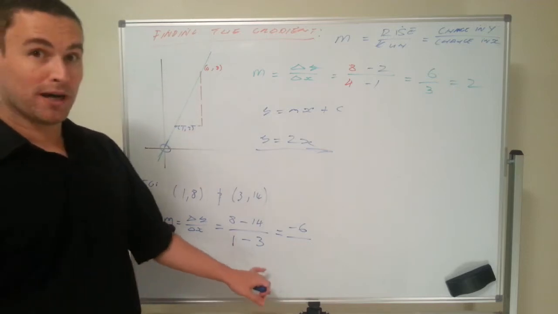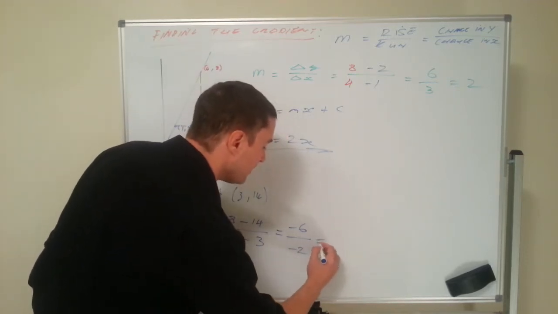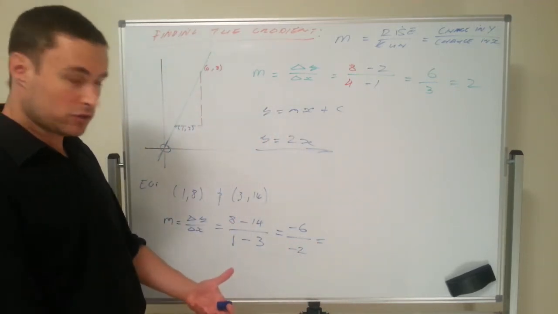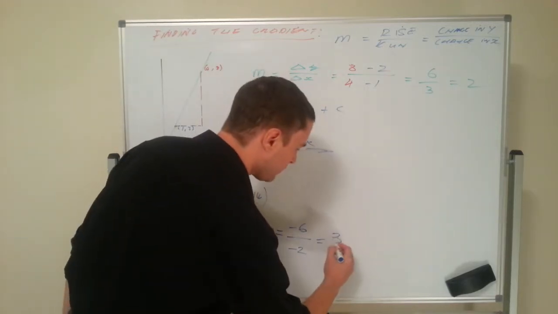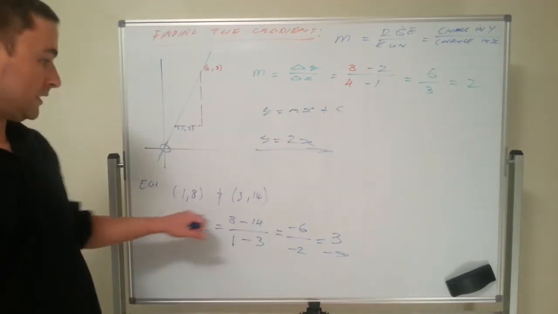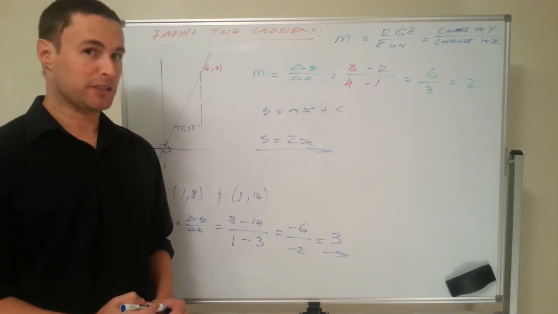Divided by 1 minus 3, which is negative 2. Negative 6 divided by negative 2 is positive 3. So the gradient that joins these two points is positive 3.